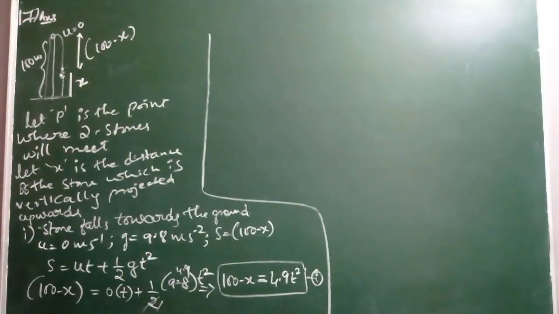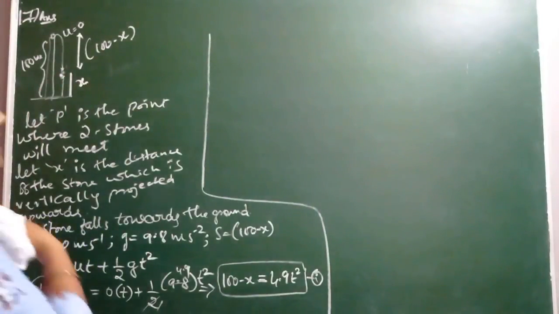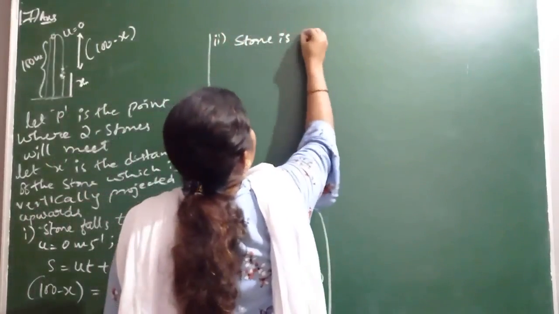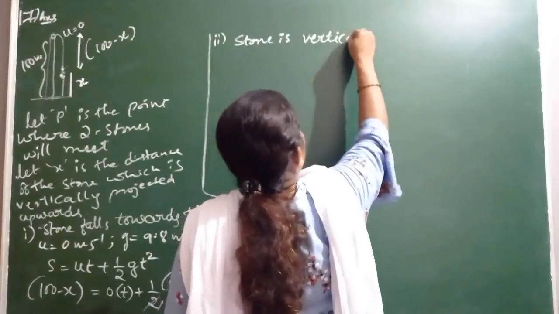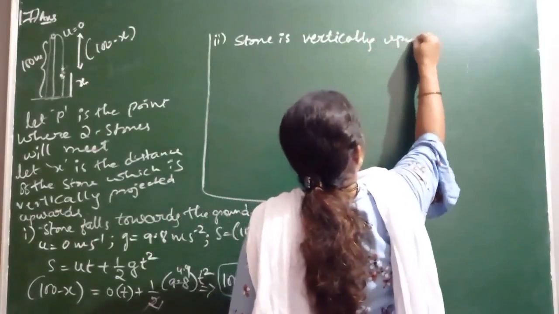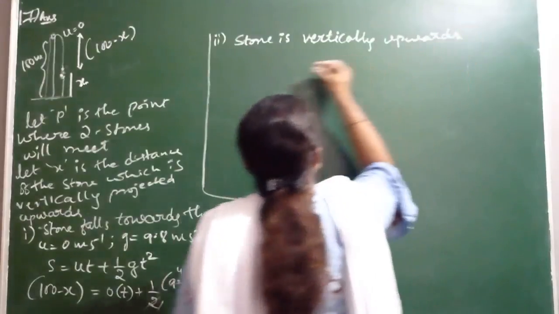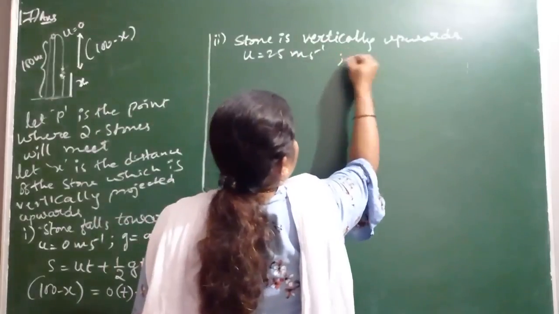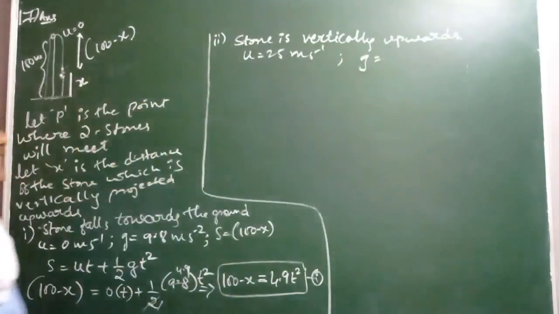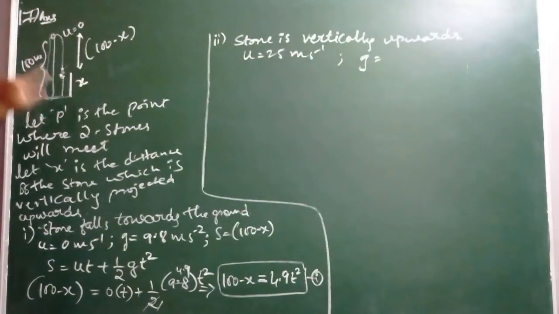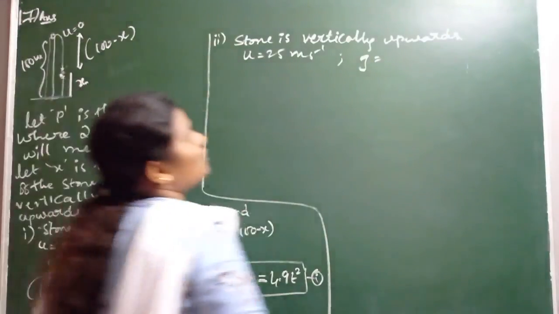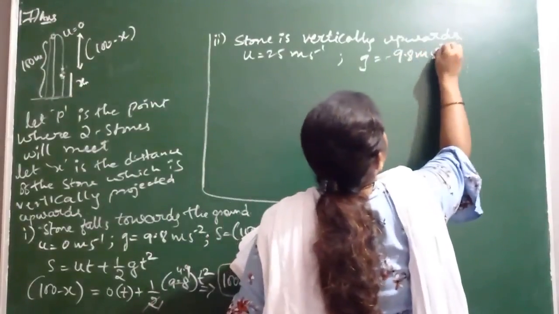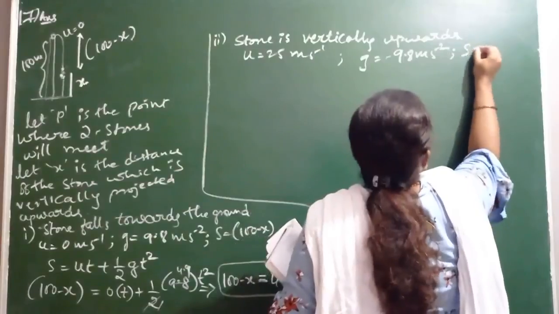Now, if the stone is projected vertically upwards with the velocity 25 meter per second, then g is, now see children, this stone is moving opposite direction to that of gravity. Now let us change this value to minus 9.8 meter per second square, and the S is what?